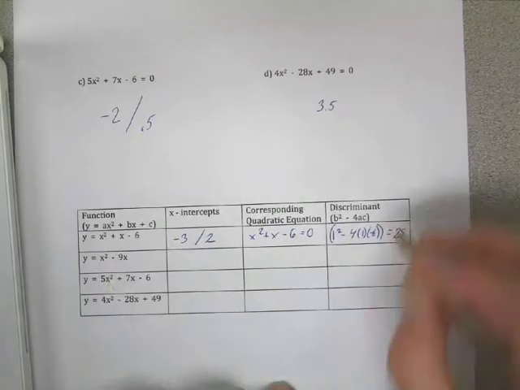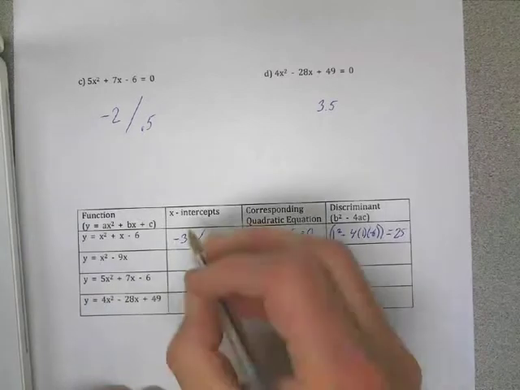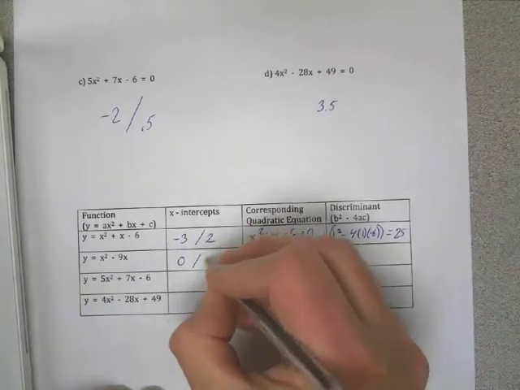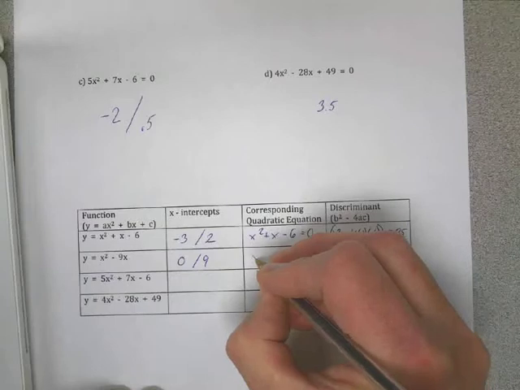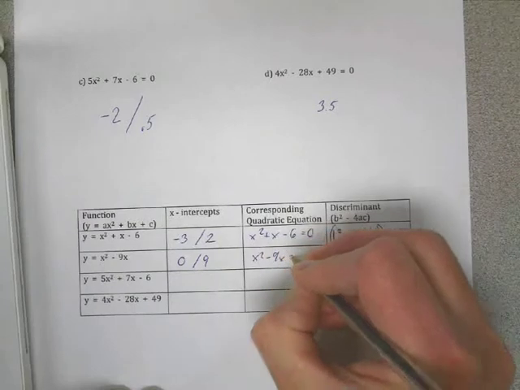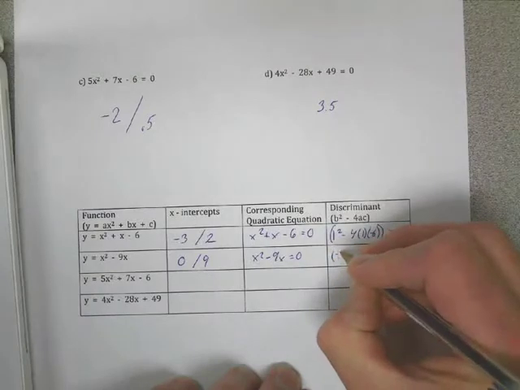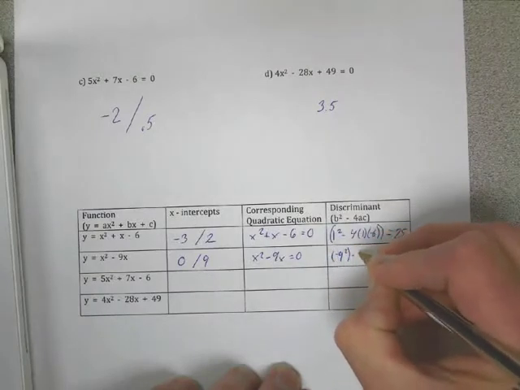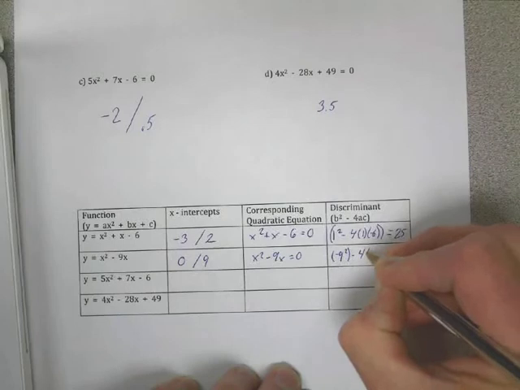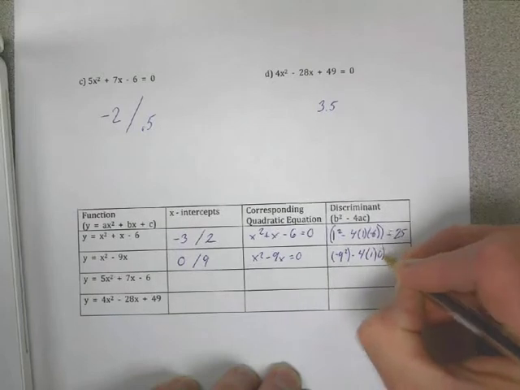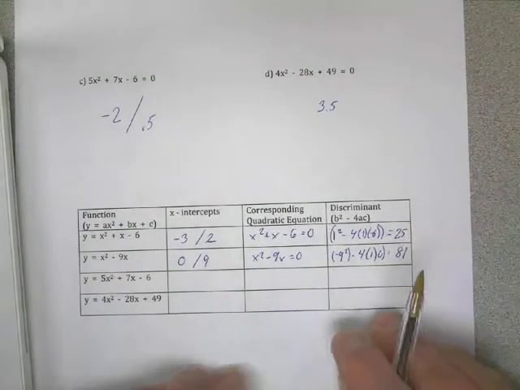For the next one, my intercepts are 0 and 9. My equation will be x squared minus 9x equals 0. Plug in my numbers: negative 9 squared minus 4 times a, which is 1, times c, there's no c, and I come out with 81.